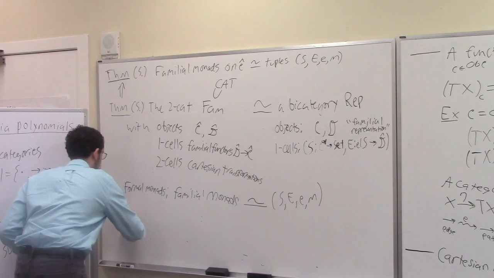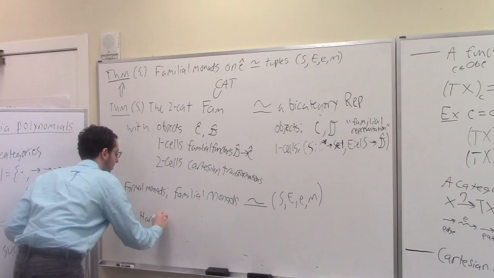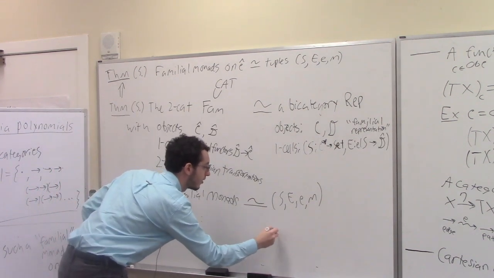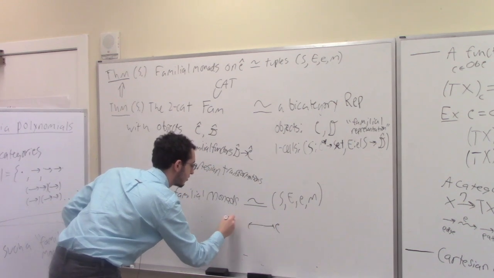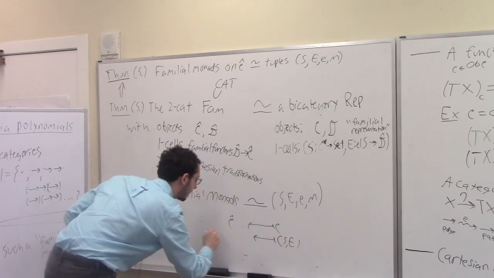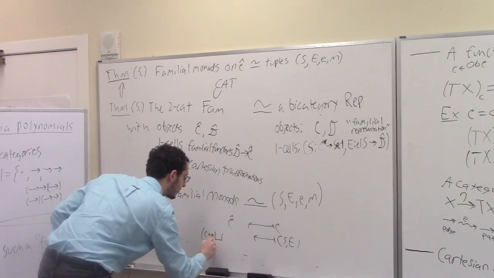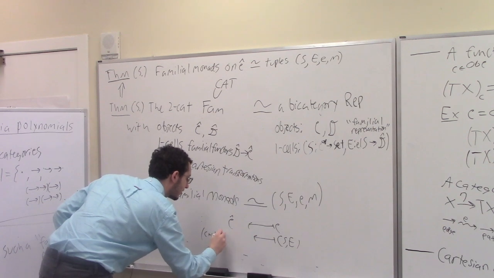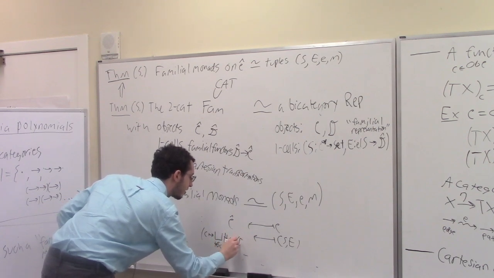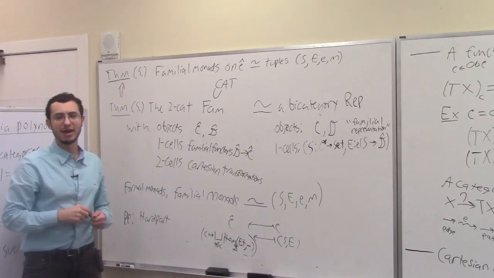The hard part is showing that taking C to C hat and S, E to the functor which sends C to, again, this disjoint union of representables indexed by these arities coming from E. This is what we want the bifunctor to be.